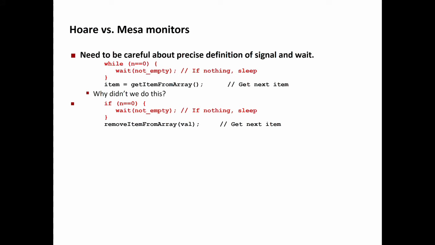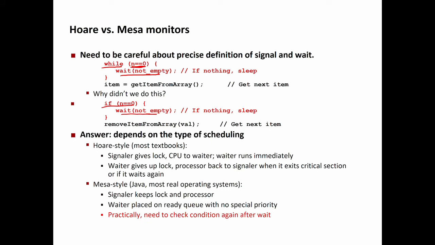For example, when we do a wait in here, we need to do this with a while, because when we wake up from here, we may want to check this condition again before we move on. If we had not done this, then maybe some other thread may have removed the item from the array before us. So this is basically a problematic case, okay.